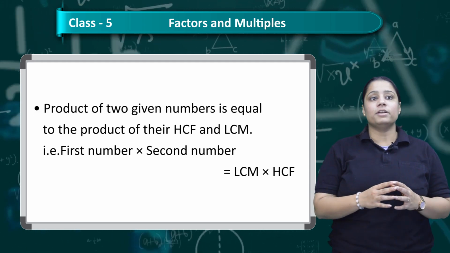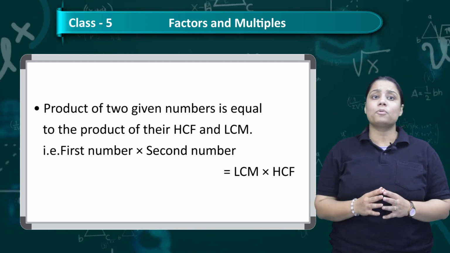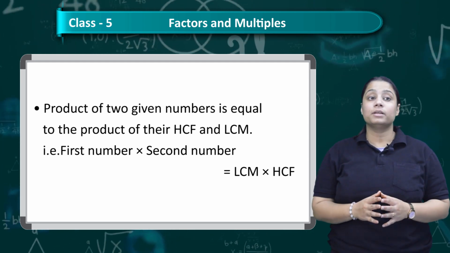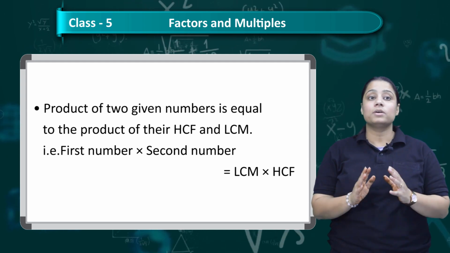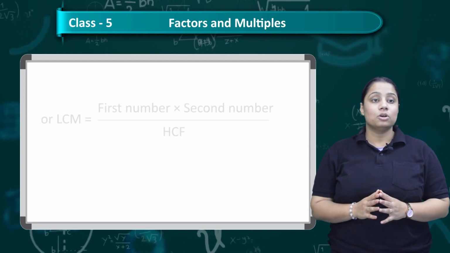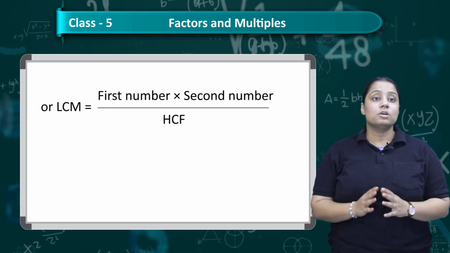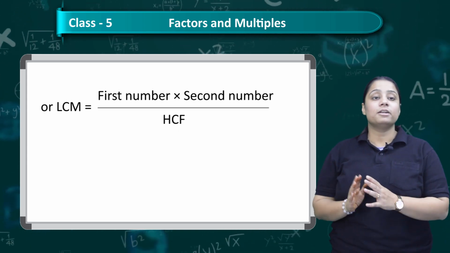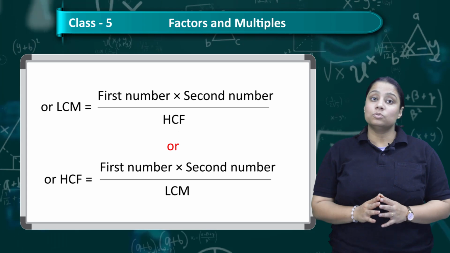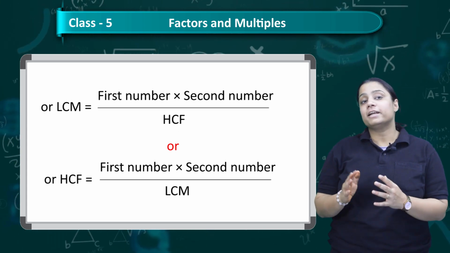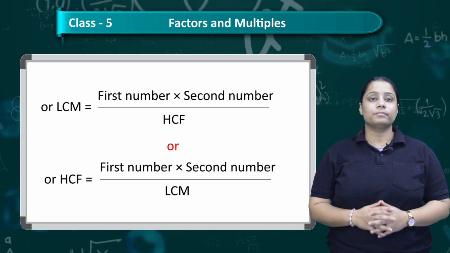The product of two given numbers is equal to the product of their HCF and LCM. That is, first number into second number is equal to LCM into HCF, or LCM is equal to first number into second number divided by HCF, or HCF is equal to first number into second number divided by LCM.